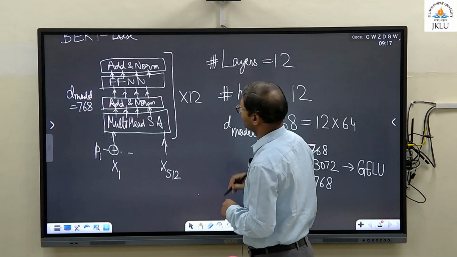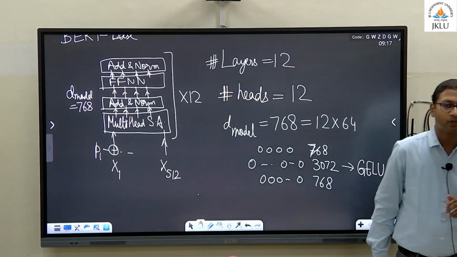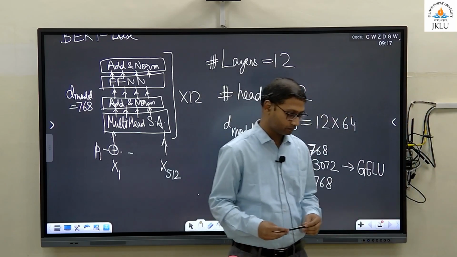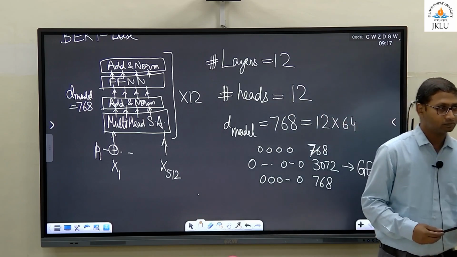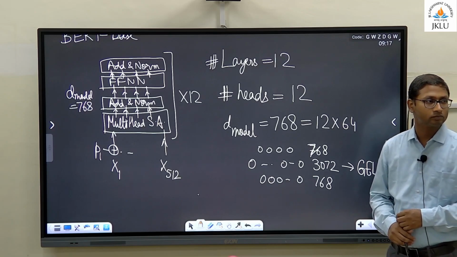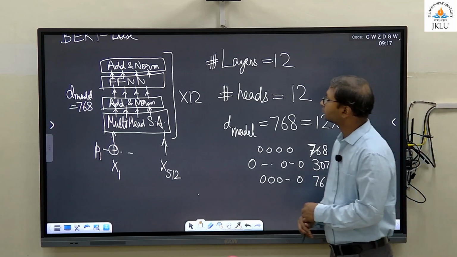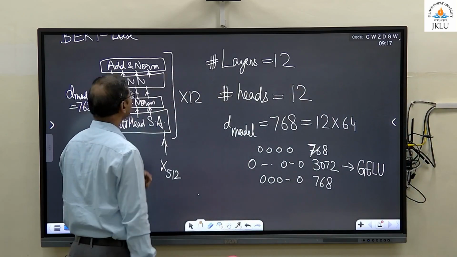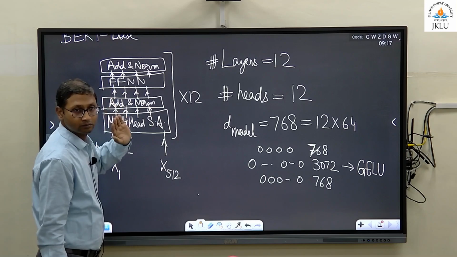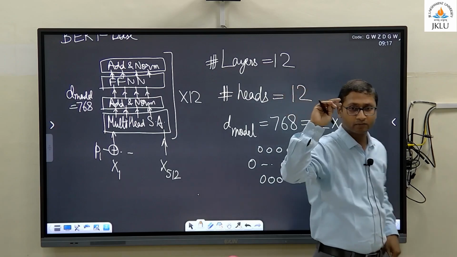So is there any difference in the number of parameters? Will there be any difference in the number of parameters? No, that part I am not yet talking about. Until here. So right now I am not talking about what the last layer is doing.